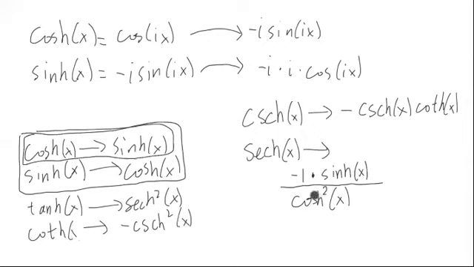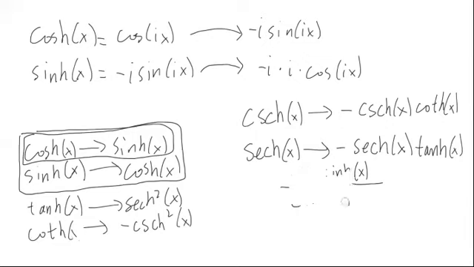So notice you end up getting sinh over cosh, which is tanh, and you end up getting a 1 over cosh, which is secant, but you have a negative in it all. So it's negative secant x tanh x. It looks like secant tangent, but you have a negative on it, where you didn't have a negative on it before when it was just regular secant.